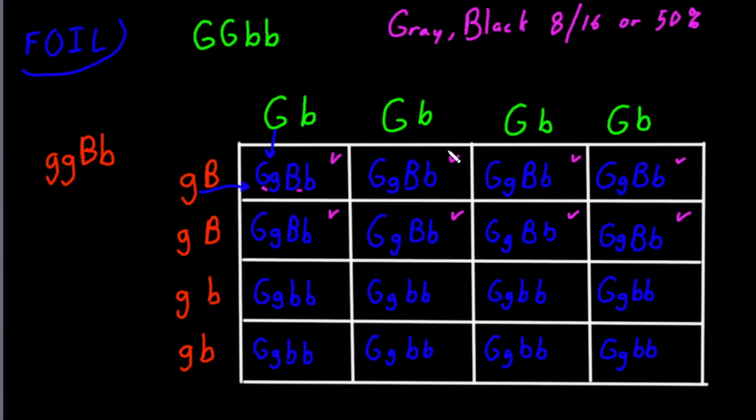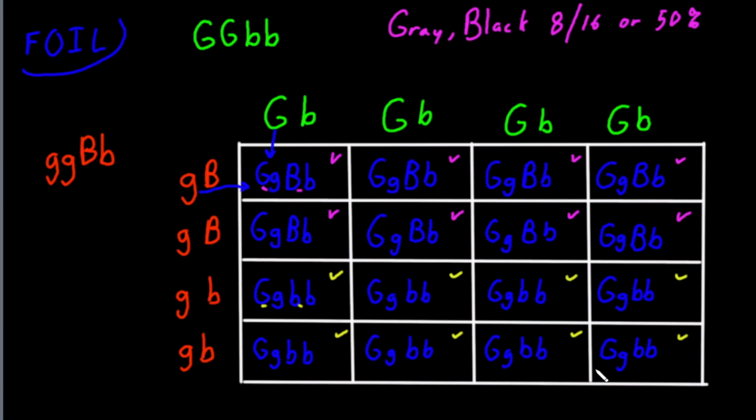Let's see what the next question is. How many out of 16 have gray fur and red eyes? Okay, so let's count gray fur and red eyes. Let's switch to a different color for this one. All right, here we have gray fur and red eyes. So there's 1, gray and red, 2, 3, 4, gray and red, 5, 6, gray and red, 7, 8.